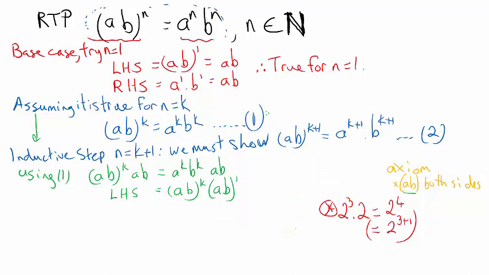So here we go. We've got AB to the k times AB. In other words, we're multiplying both sides by AB. On this side here, the left side, we'll have AB to the k plus 1. Doing the same thing to the right.